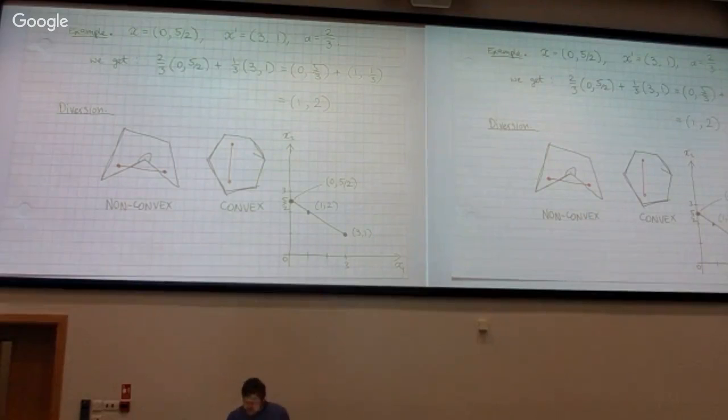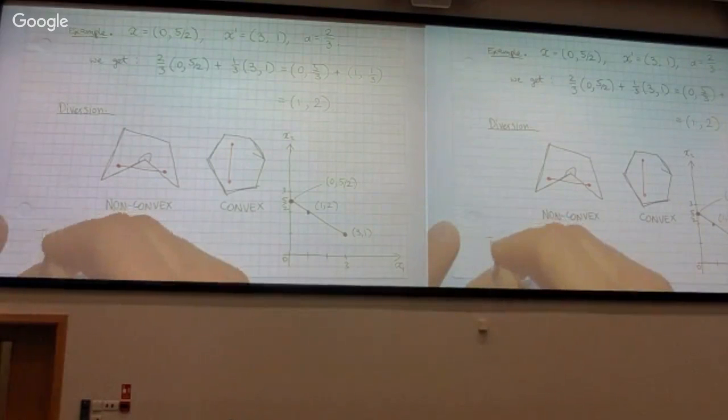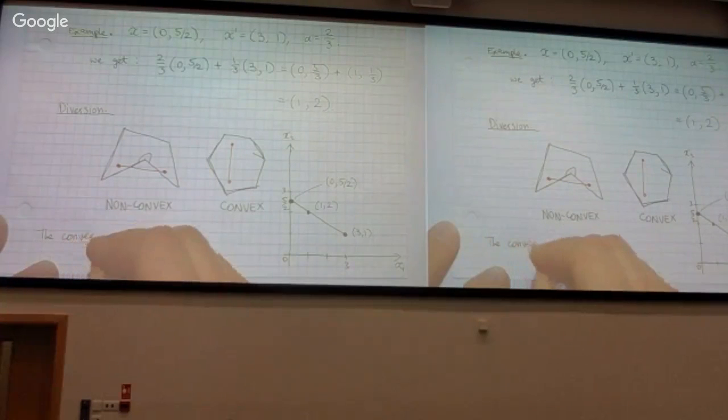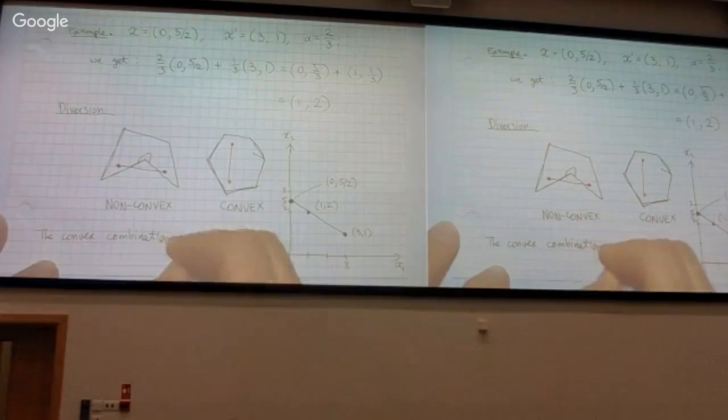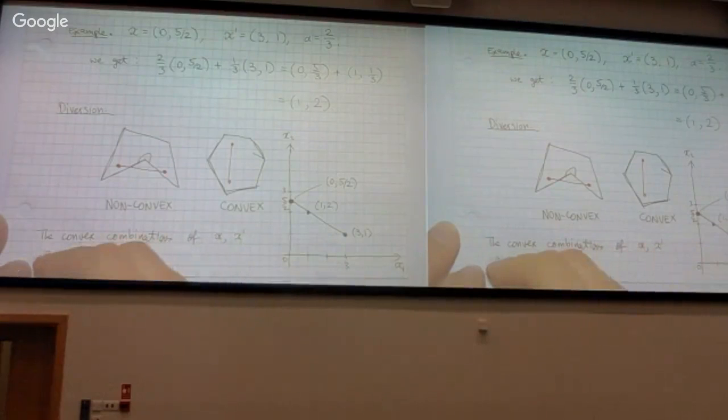Because in fact, convex combinations of 2 points form the line segment.